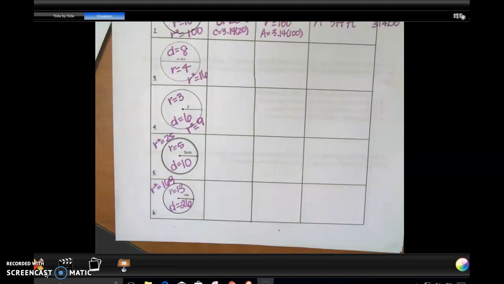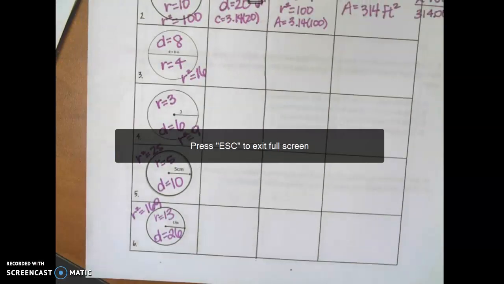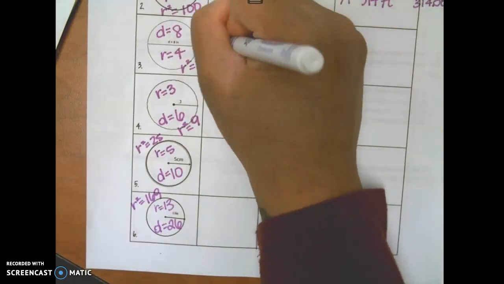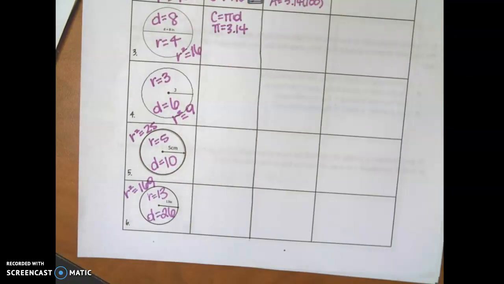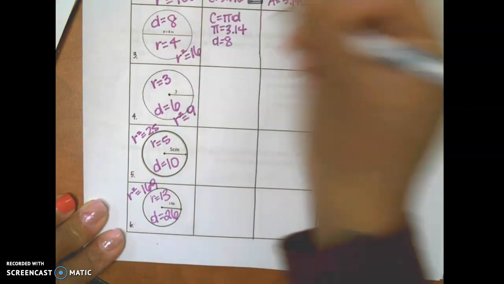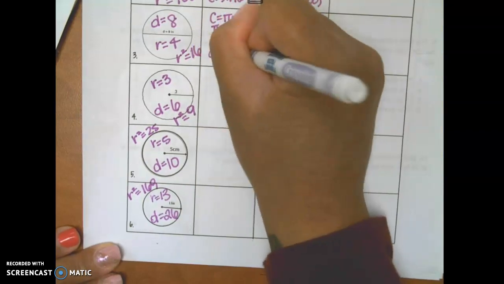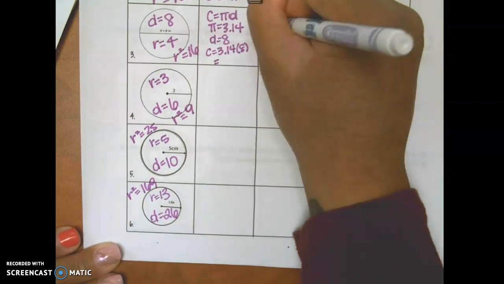What should I write first for number 3? C equals pi times diameter. Good. Pi equals 3.14. Now what? D equals 8. C equals 3.14 times 8. Then work it out. Over here with area.